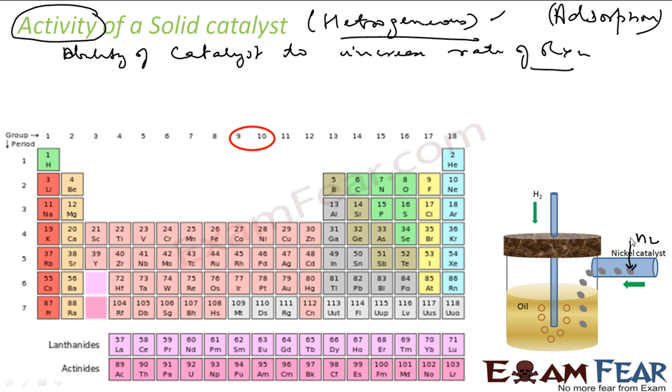Because the whole mechanism is: my reactants are adsorbed, a complex is formed, the product is formed, and it goes back. It has to leave the surface for the other reactant to come, right? But if the adsorption is very strong, then it is a waste. So adsorption has to be reasonably strong.